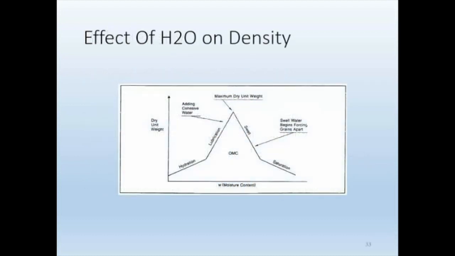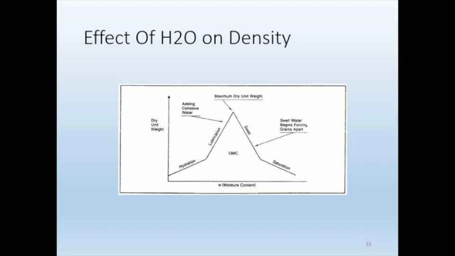Now, density is influenced, and this is from engineering. Every soil has a curve in which they start with a dry soil, they start to hydrate it, and then they expose it to compaction.